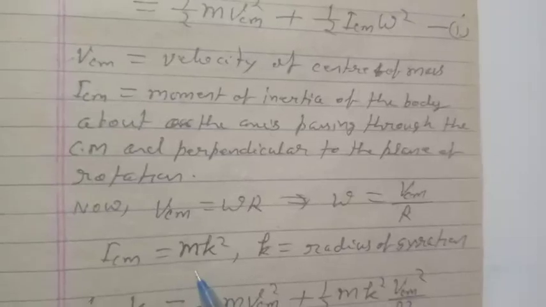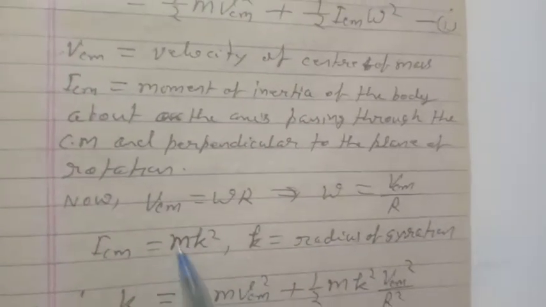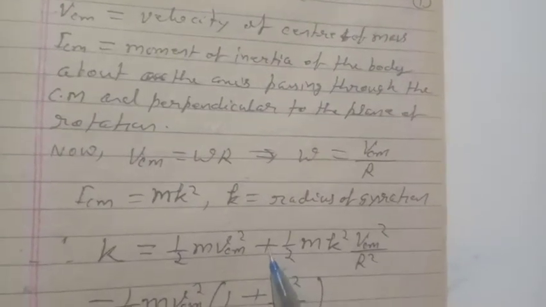And also we have the formula ICM equals m k square, where k is the radius of gyration from the previous theory. Hence K equals 1 by 2 m VCM square plus 1 by 2 m k square VCM square by r square.